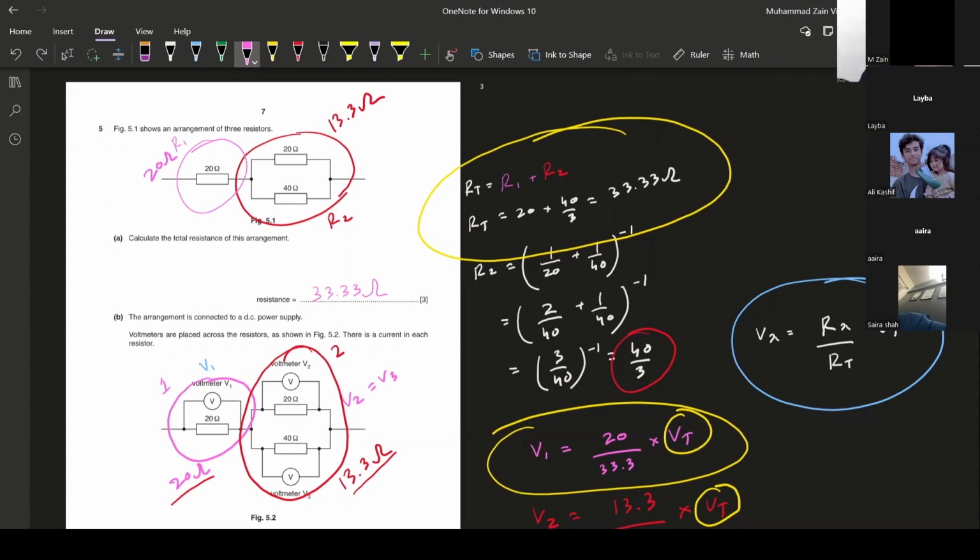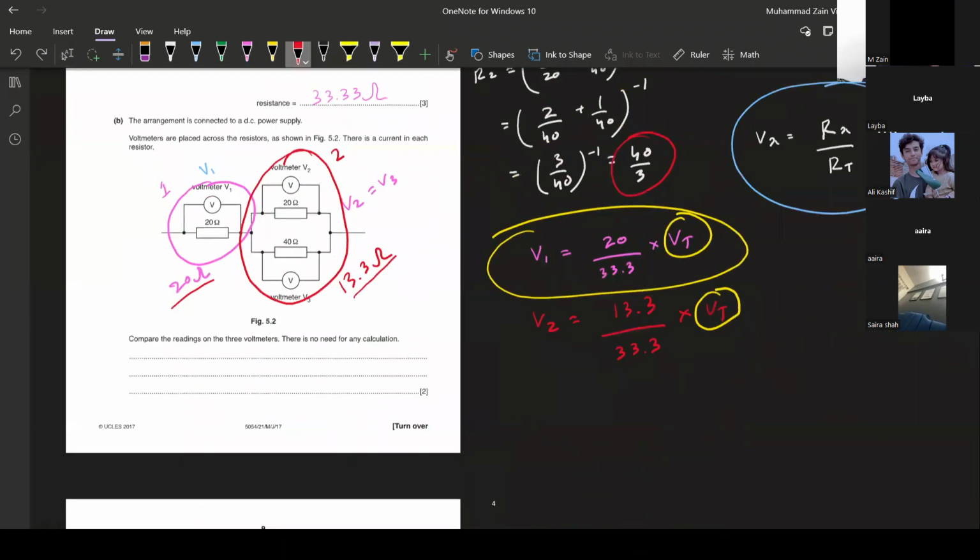Okay, so I was asked, sir, does this mean that V2 and V3 have less resistance than V1, as V2 and V3 are in parallel? Not necessarily. They have less resistance because this value here is coming out to be 13.3, which is less than 20. That's the reason. It could have been possible that although they were connected in parallel, their resultant resistance could have been, let's say, 25 ohms.